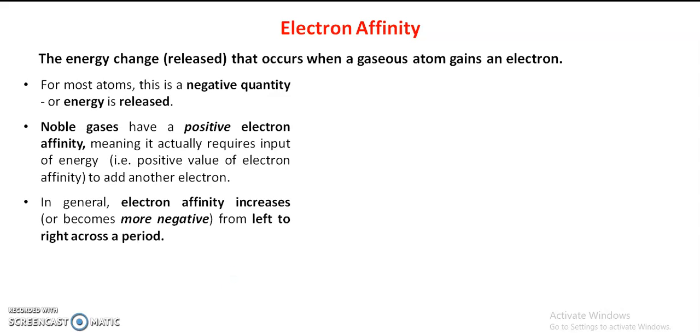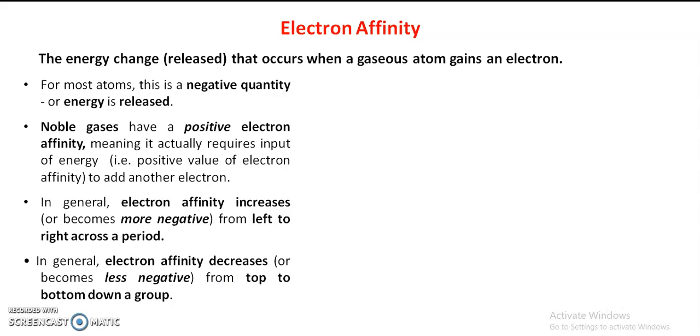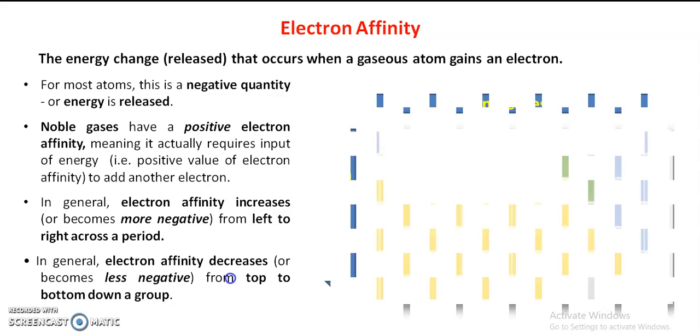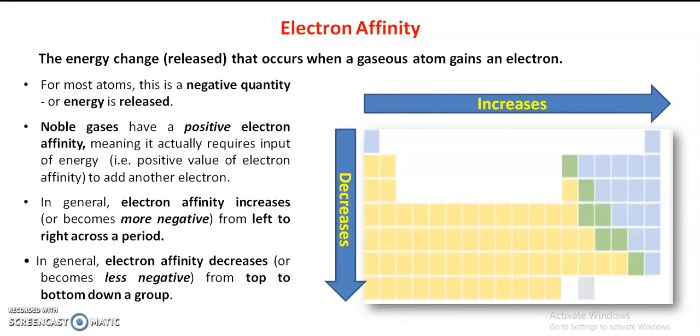In general, electron affinity increases from left to right across the period. In general, electron affinity decreases from top to bottom down a group. Here, electron affinity increases across the period and electron affinity value decreases from top to bottom down a group.